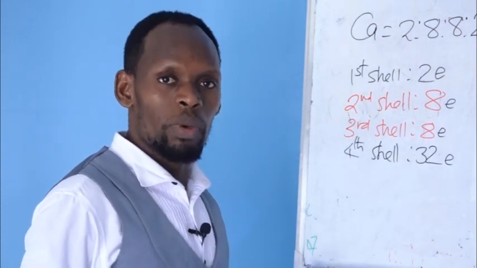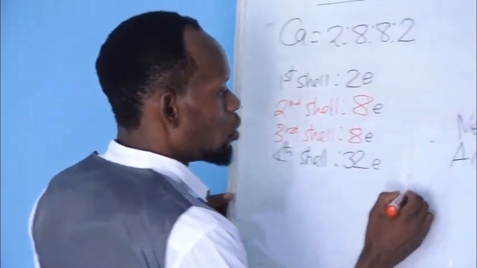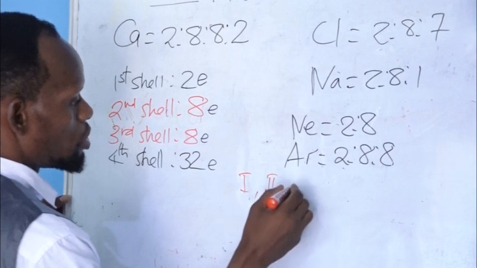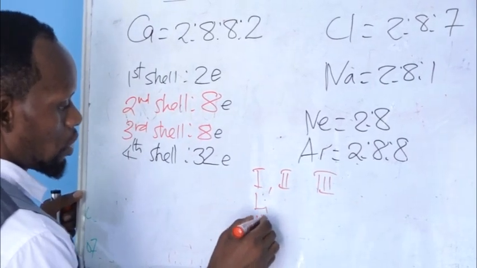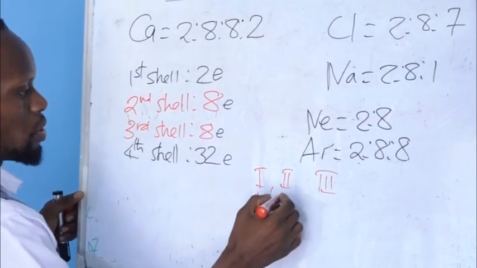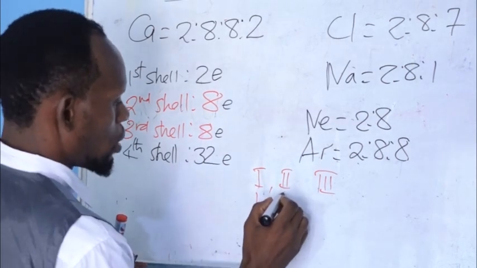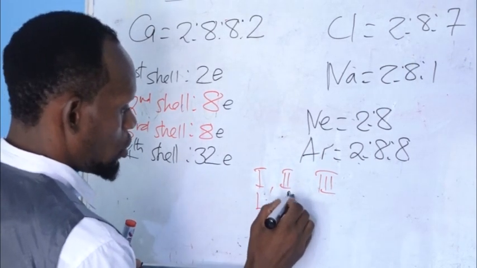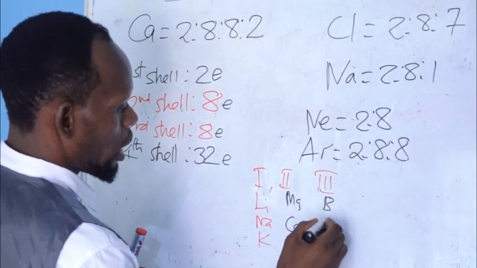Now, to specify, metals are found in group 1, group 2, group 3. In group 1, we have lithium, sodium, and potassium. In group 2, we have magnesium and calcium. In group 3 we have boron and aluminium.